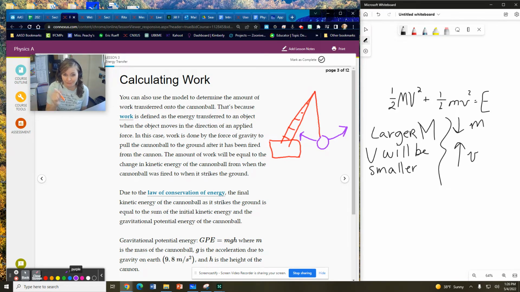So the force that the ball applies can move the building a distance. It's doing work on it. And the amount of work it does depends on how fast it's moving and how heavy it is. That harkens back to energy, one half m v squared, right? So you can see the relationship there between work and energy.